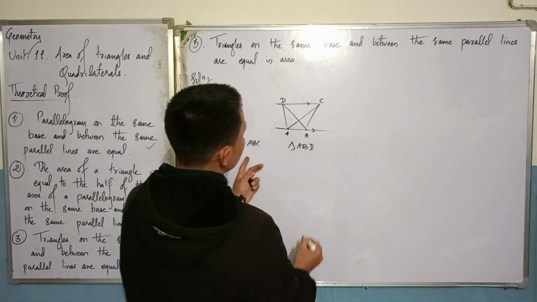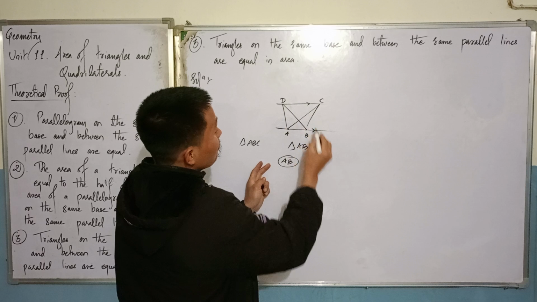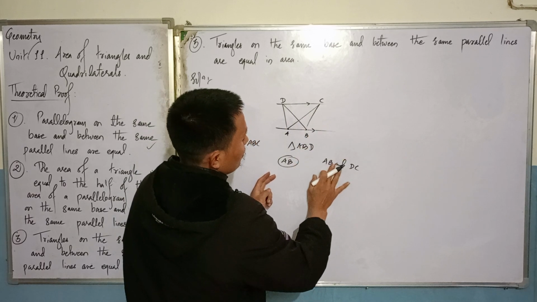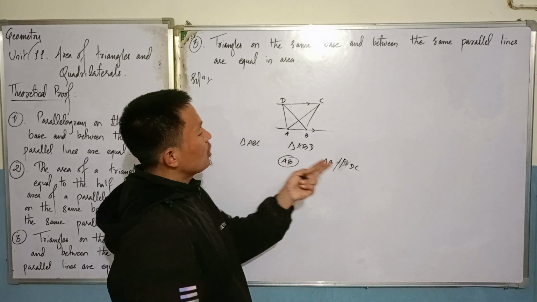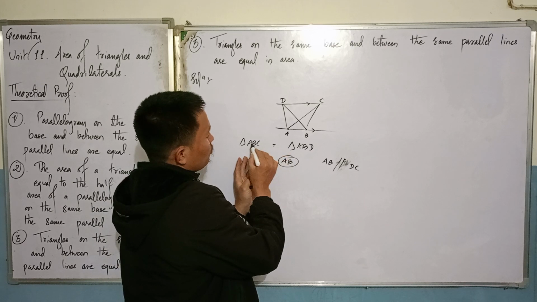So two triangles are standing on the same base AB, and between the same parallel lines AB and BC. In this case, the areas of both triangles will be equal.